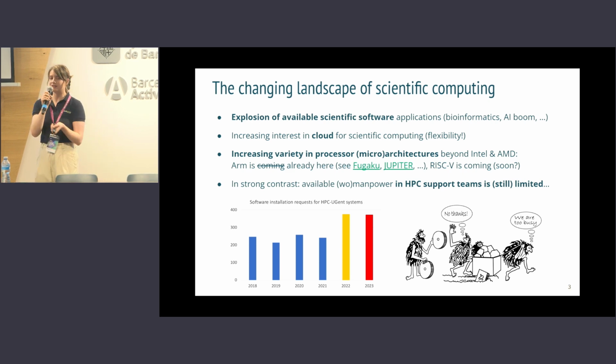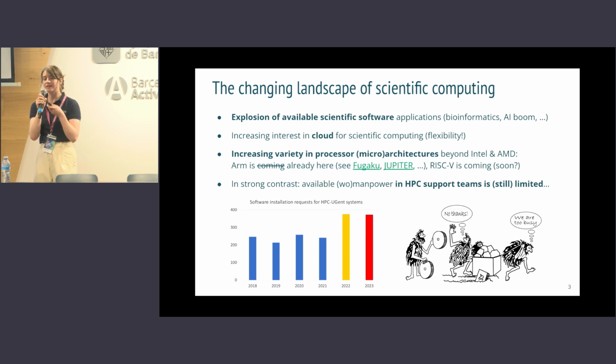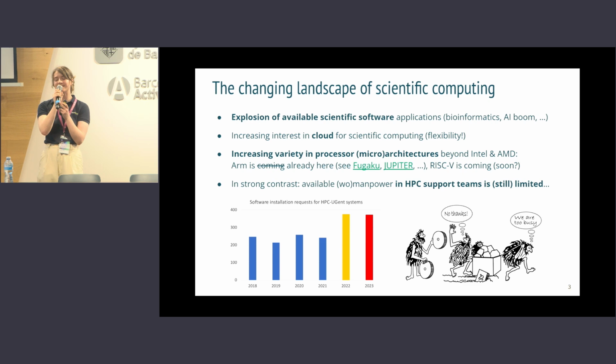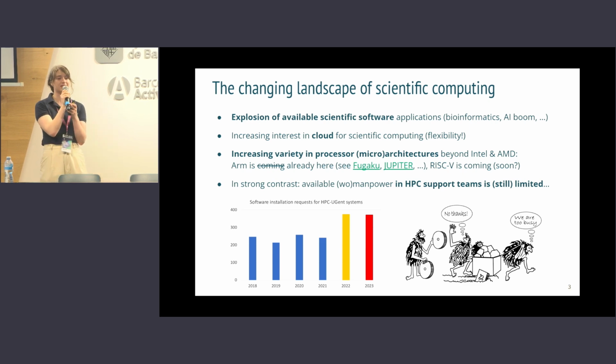Sure, you have cloud instances for more flexibility, but HPC clusters are usually quite heterogeneous architecture-wise, with all these Intel, AMD, ARM, and I really hope in some years RISC-V clusters too. And I can assure you, from a bunch of user supports and sysadmins in the room, we always fall short supplying these scientific software installations.